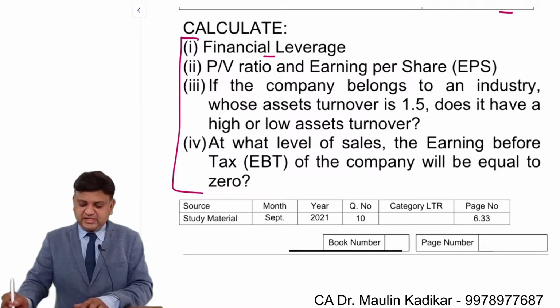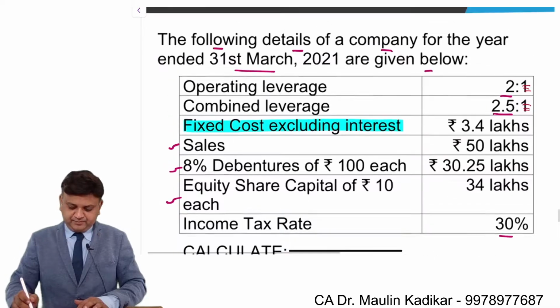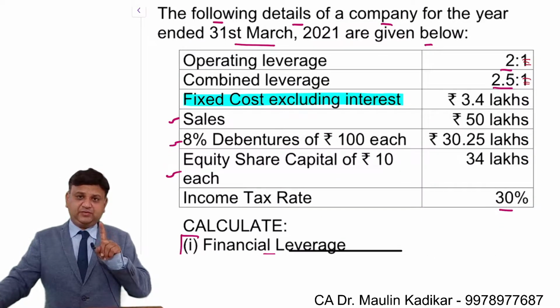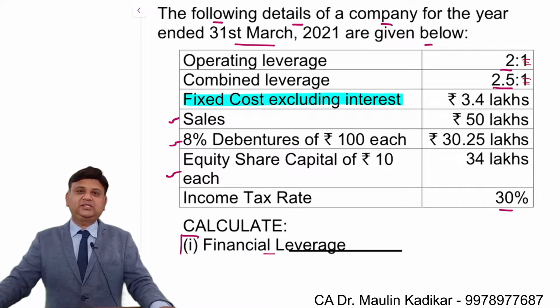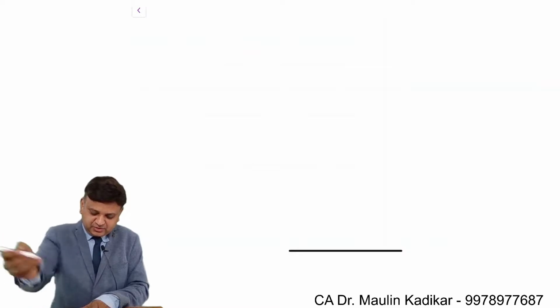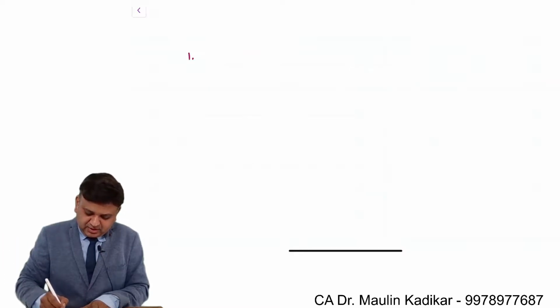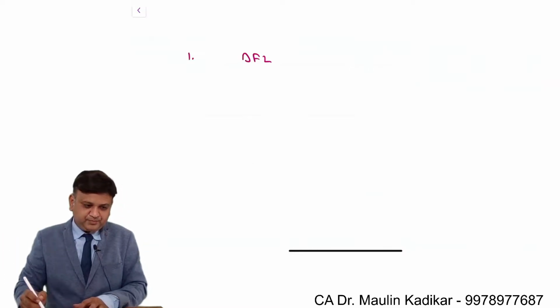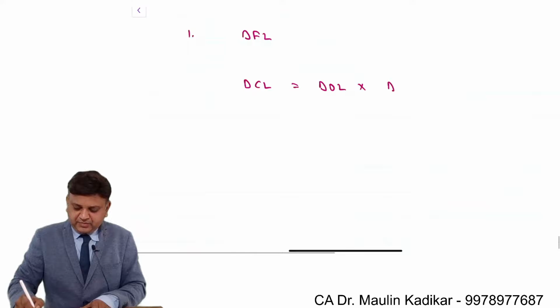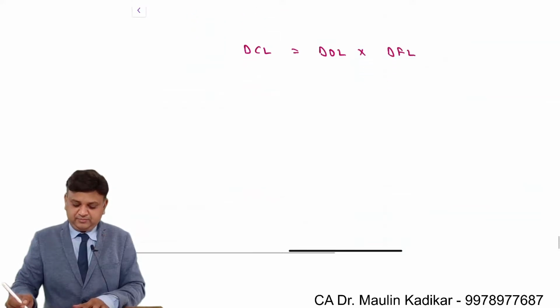The first question is calculation of the DFL. I request all of you to make the calculation of the answer of the first question and put your answer in the chat box. Dear students, we know that DCL is equal to DOL into DFL.